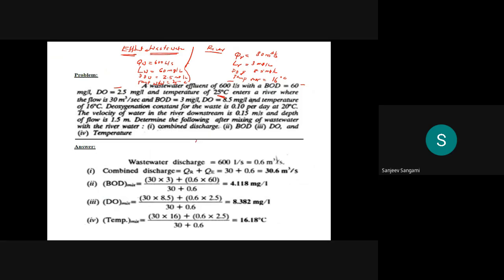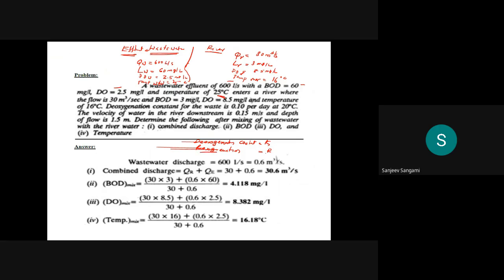One is deoxygenation constant, that is usually denoted by K. Then reoxygenation constant, we already discussed deoxygenation and reoxygenation.